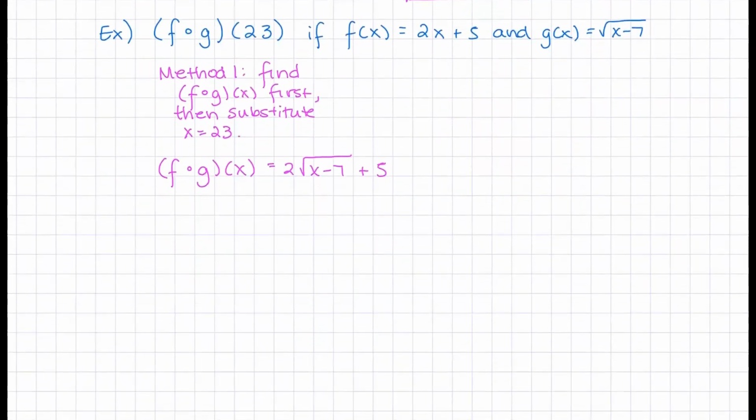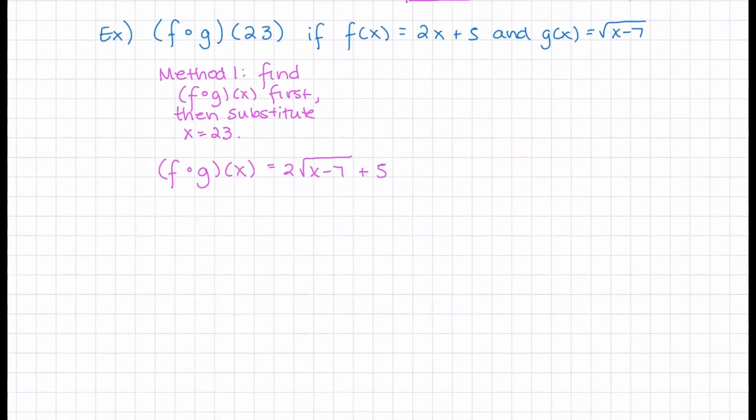And that makes sense, because again, this means put g into f, so we're going to put this expression in place of x, which is exactly what we have there. And then we plug in the 23. It's pretty straightforward.